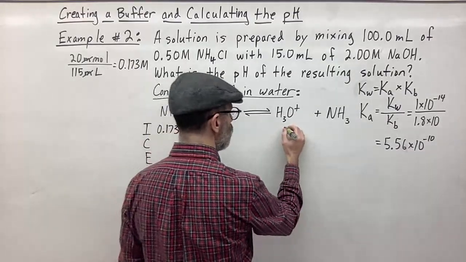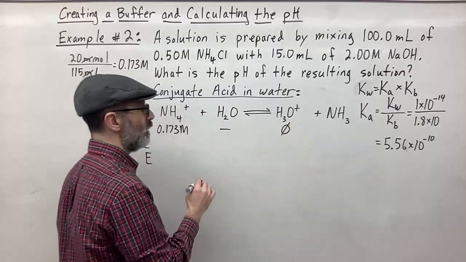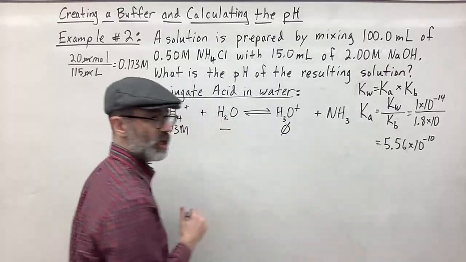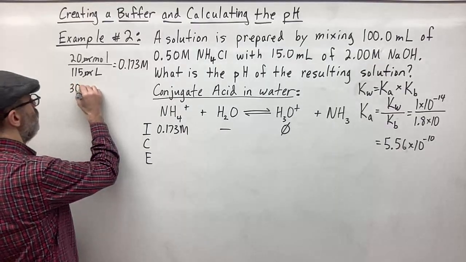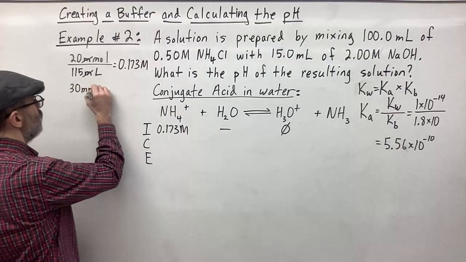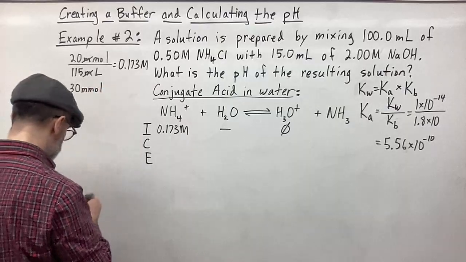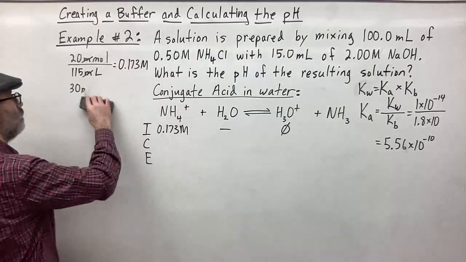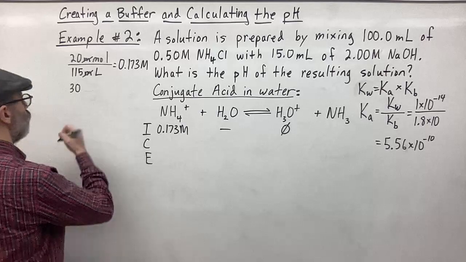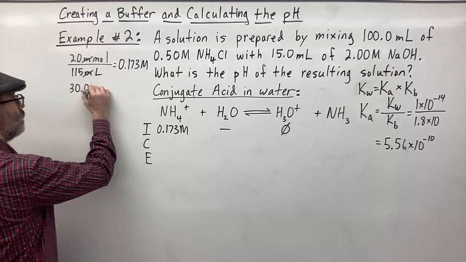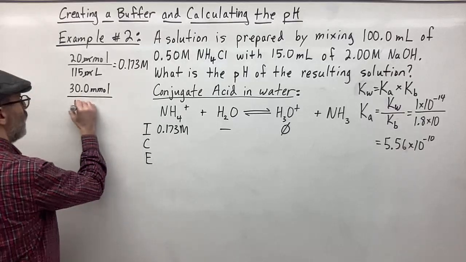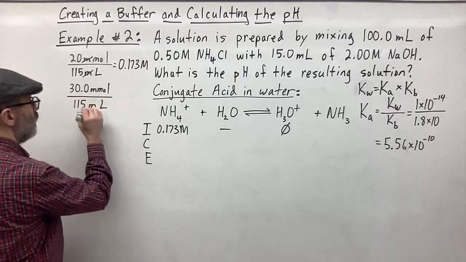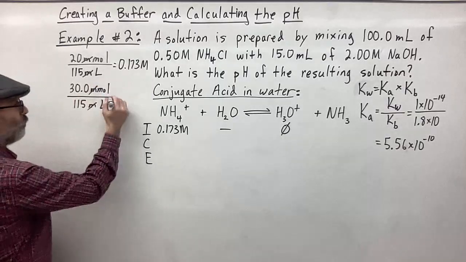Here, this starts off as 0 initially, and then we had here for the ammonia 30 millimoles, or 30.0 millimoles. And again, that's going to be divided by 115 milliliters. The milli cancels out. We have moles over liters.